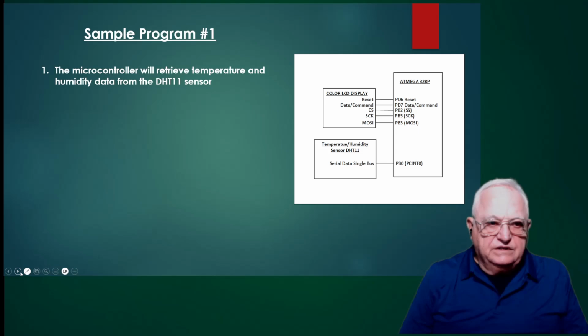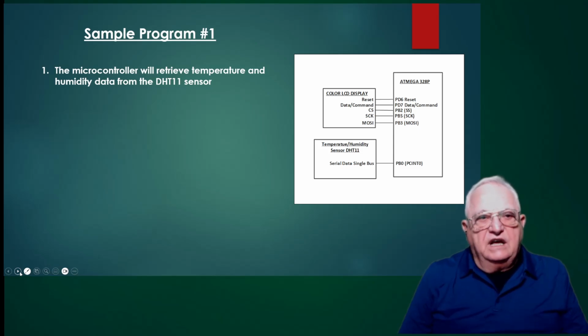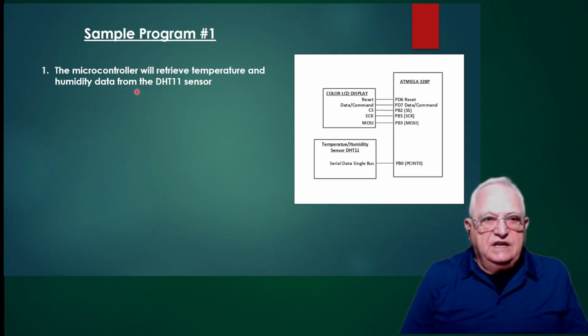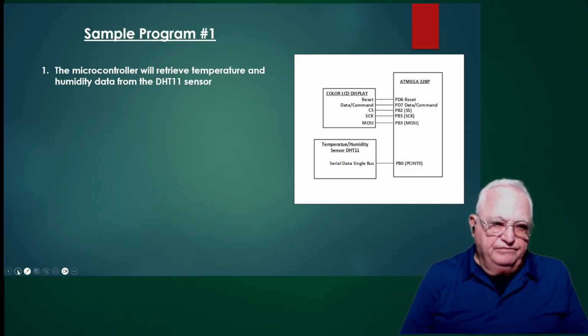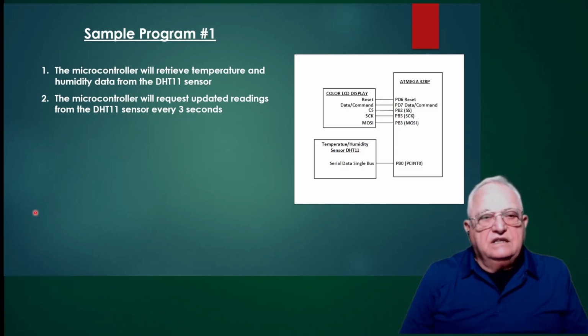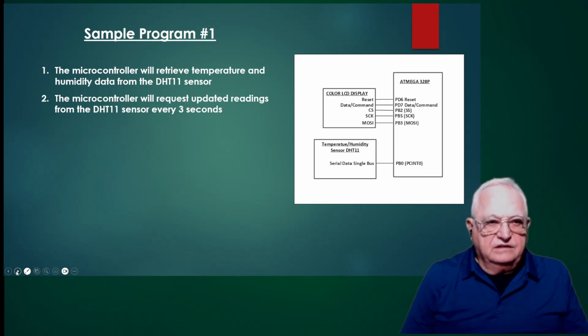So let's see what the sample process is. The microcontroller will retrieve temperature and humidity data from the DHT11 sensor. Second, the microcontroller will request updated readings from the DHT11 sensor every second. It will get the data, and by the way, it's going to request it every 3 seconds.